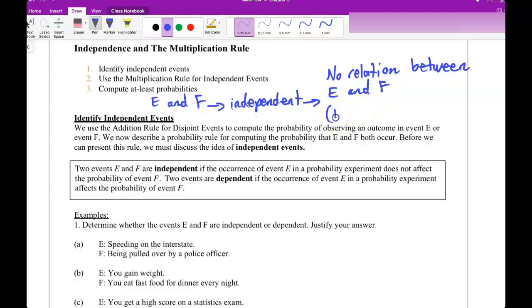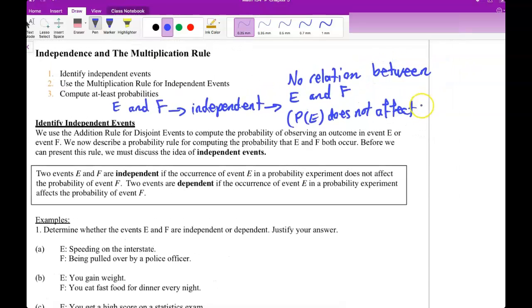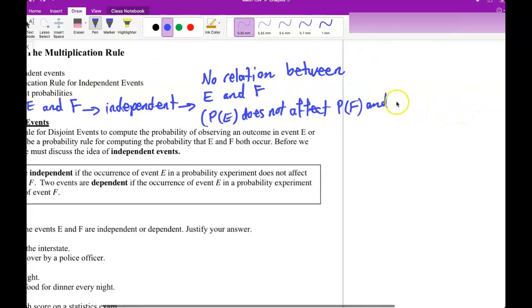In other words, probability of E doesn't affect probability of F, and vice versa.